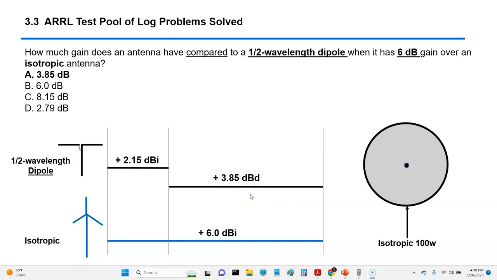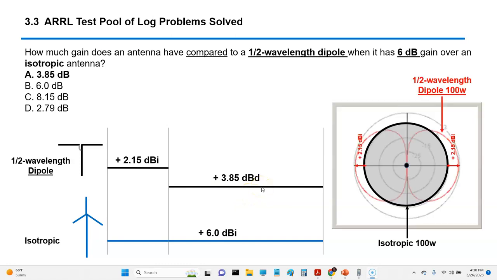And of course, here's your isotropic circular antenna, and there's your dipole antenna right there. Both are still 100 watts, but you get the additional gain on the dipole antenna because of its positioning and radiation pattern.